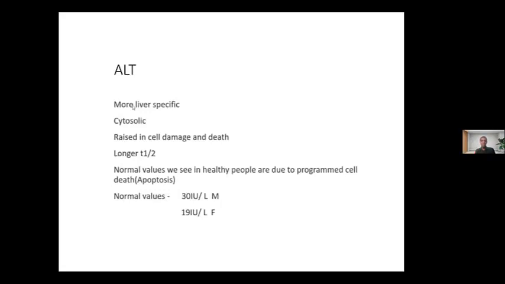The normal values we see in healthy people are due to programmed cell death, which is called apoptosis. Remember, although different labs give different values, for males 30 is considered the upper limit of normal, and for females it's 19.